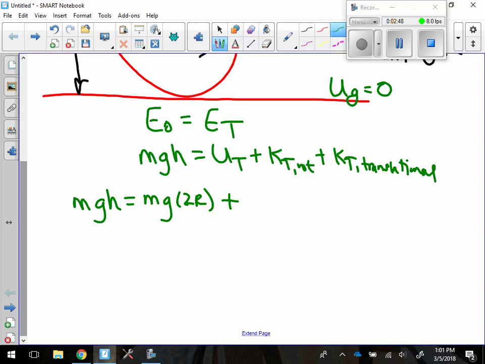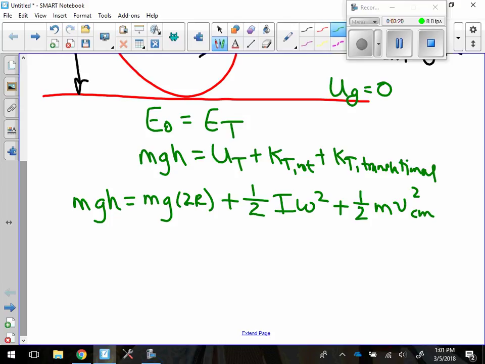And then, what's my formula for rotational kinetic energy? Okay, so 1/2 I omega squared. And what's my formula for translational kinetic energy? 1/2 m, and this is going to be V center of mass squared. Okay?